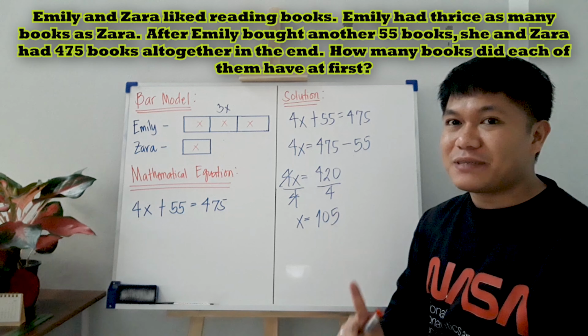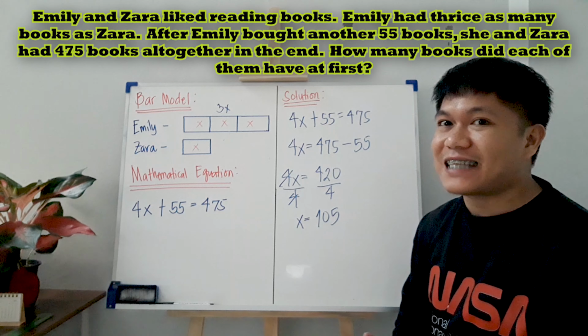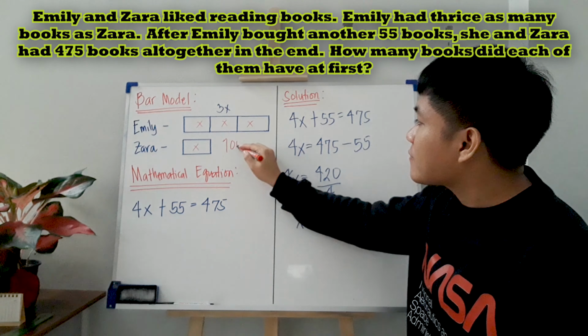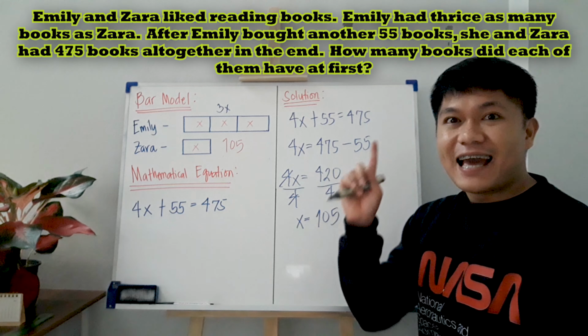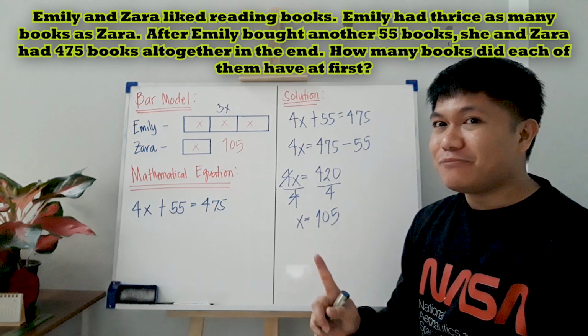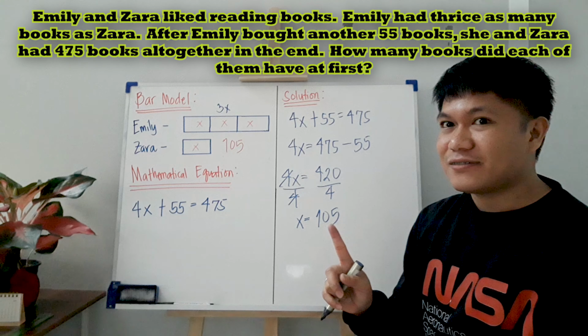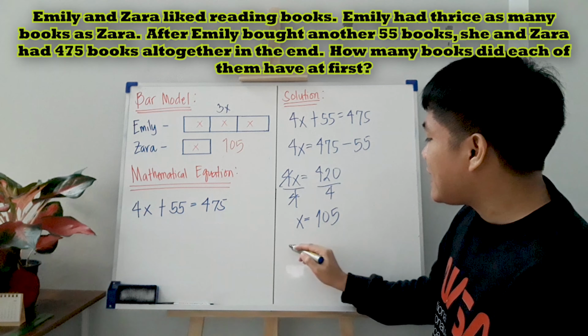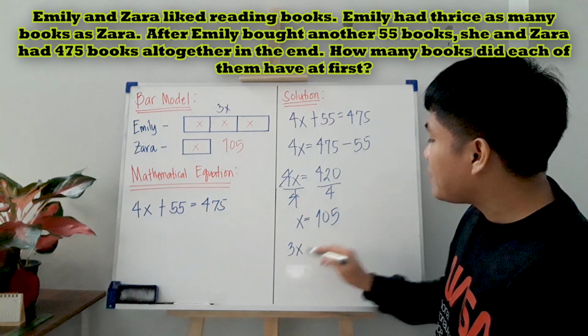So that is automatically the number of books that Zara has. That means x is equal to 105. How about Emily? How many books does Emily have? Since Emily has 3 units, there are 3x.